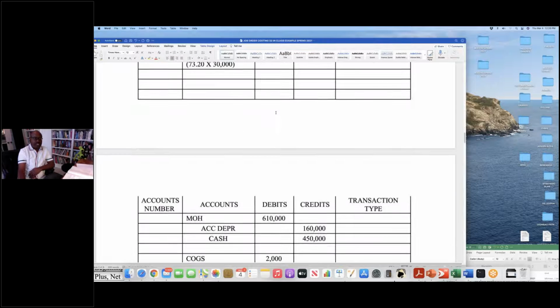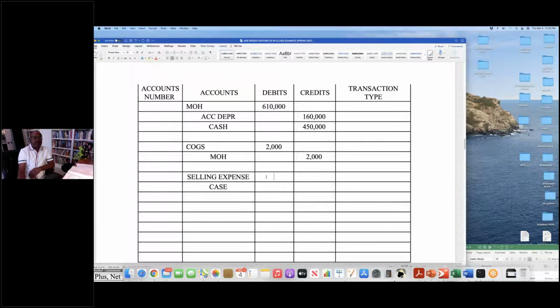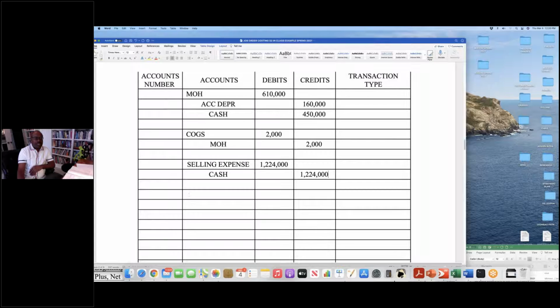So we take 20% of this number. How much is it? 1,224,000. Then we have administrative expenses. And that was just given to us, correct? At $1 million? And dividends was 50,000.